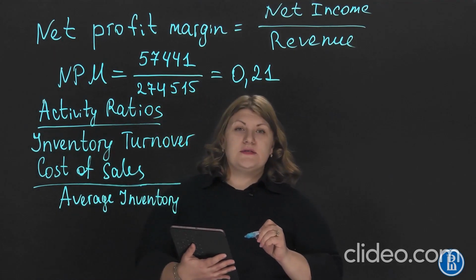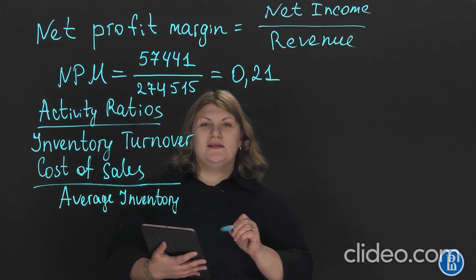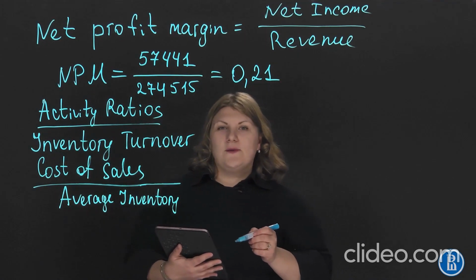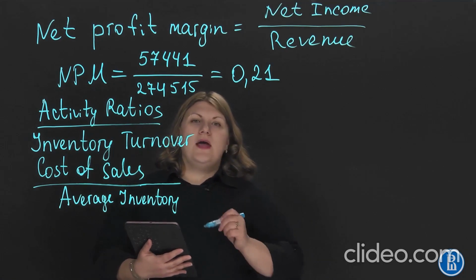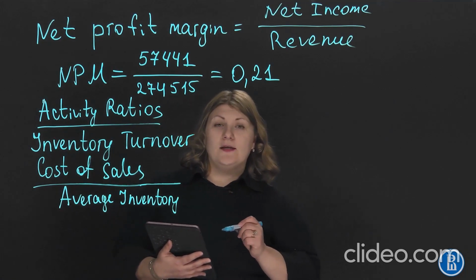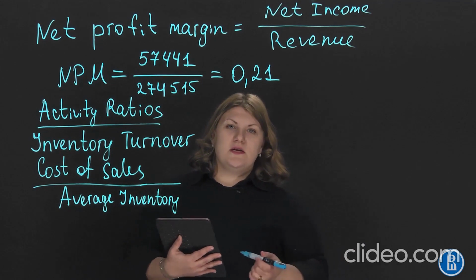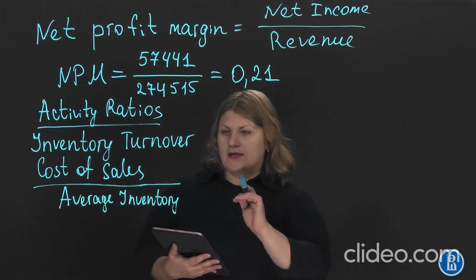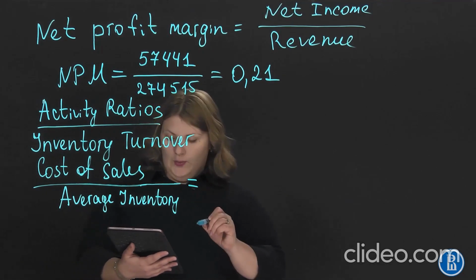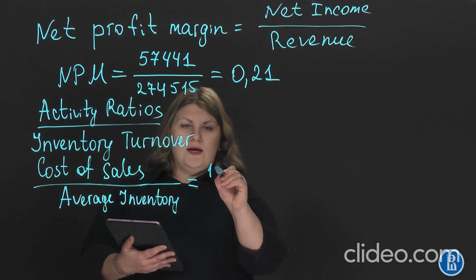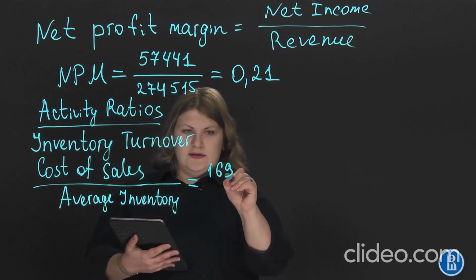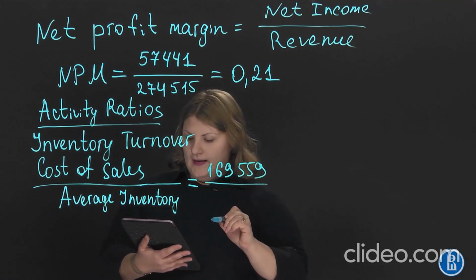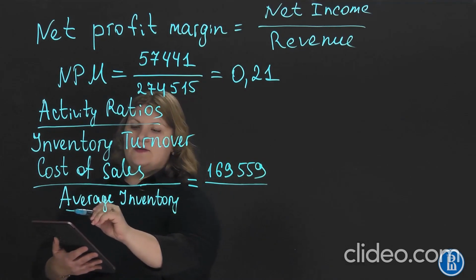Now, the cost of sales will be represented in the income statement or statement of comprehensive income and can be found in additional materials to this lecture. The cost of sales for Apple company for 2020 is 169,559 over the average inventory.